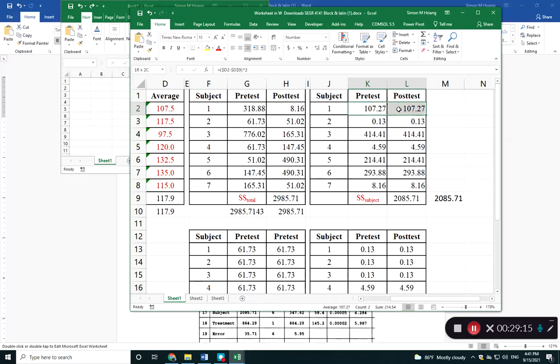And here, can anybody explain to me why the before and after value is exactly the same? See here? Subject 4, before is 4.59, and after is 4.59. This only happened in this case. Why is that? Because the treatment didn't work?